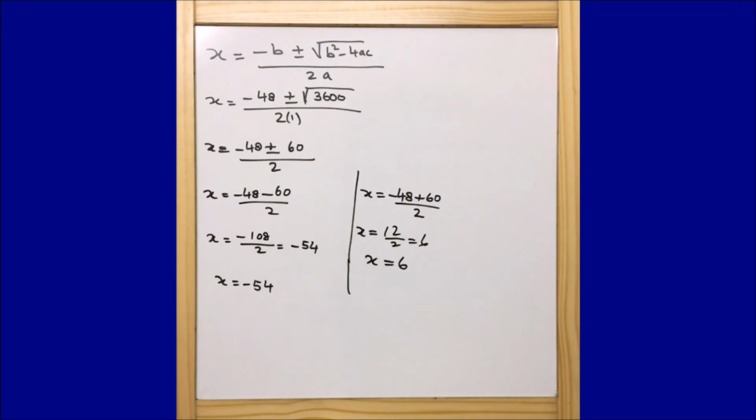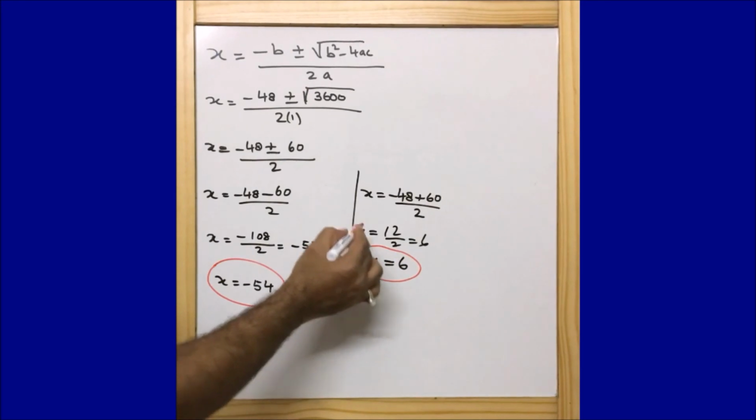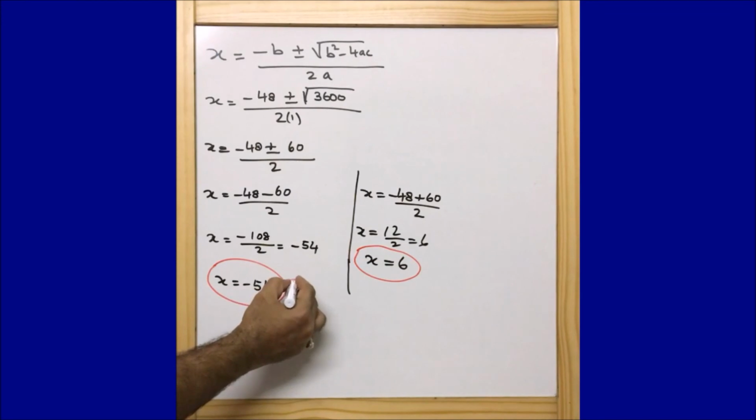Now guys, here one interesting thing comes into the picture. The question asks us to find the speed of the stream. We are getting x is equal to minus 54 and the other one x is equal to 6. But guys, we know that speed cannot be negative. The stream is flowing with a particular speed, it cannot be negative. So x is equal to minus 54, we can eliminate, we cannot consider this one.